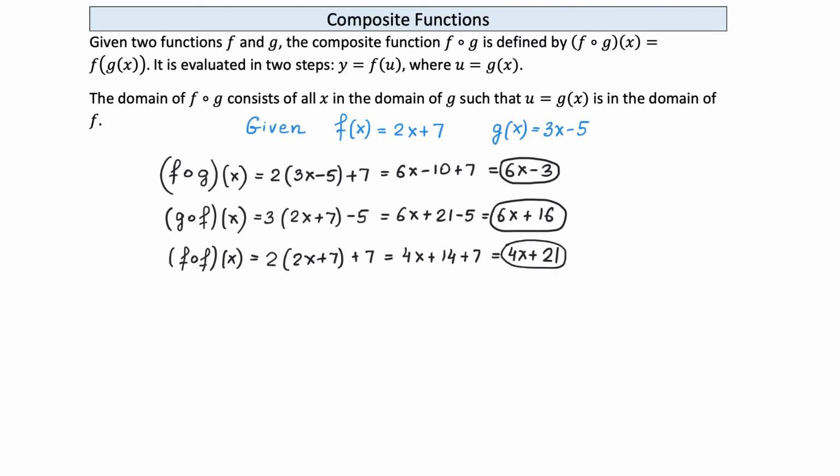Now let's see a few examples from the textbook. We will start with exercise 26 on page 10. Here we are given the function f of x equals x squared minus 4, and we have to find f of p squared. You see how x is replaced with p squared.